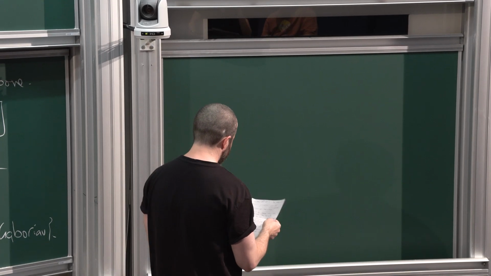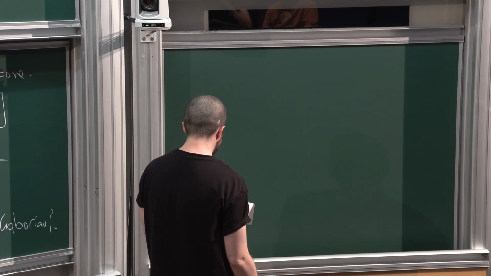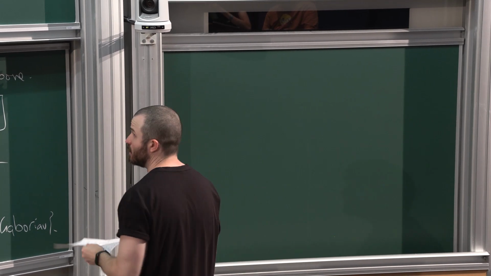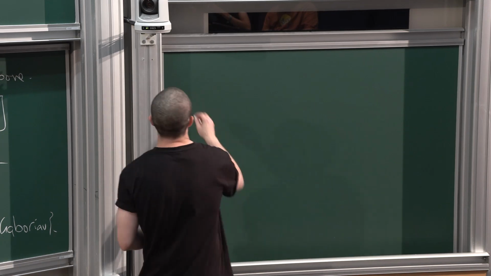So now, let me give you the key lemma, and you'll see that cost monotonicity follows almost immediately from it. So here is that lemma.